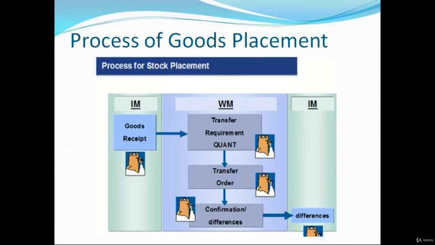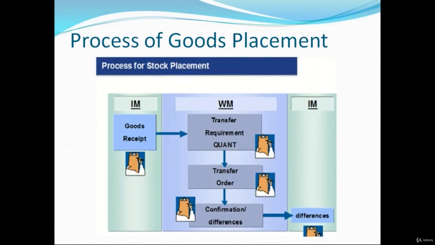Once the material is present in the count of the goods receipt area, a transfer order is created, so that material will be picked from the goods receipt area to be placed into the actual storage bin.